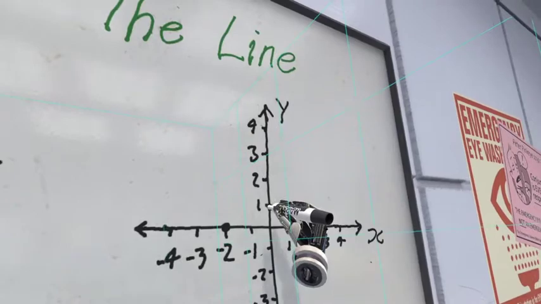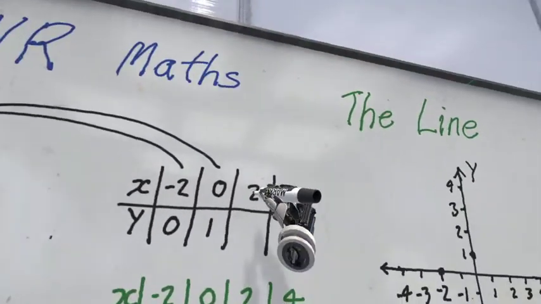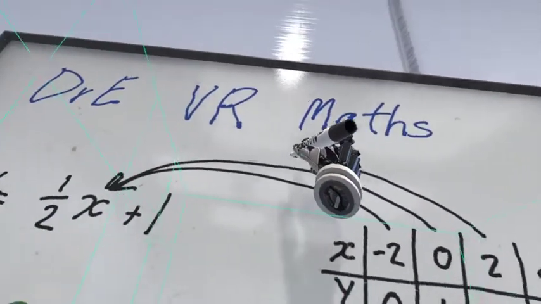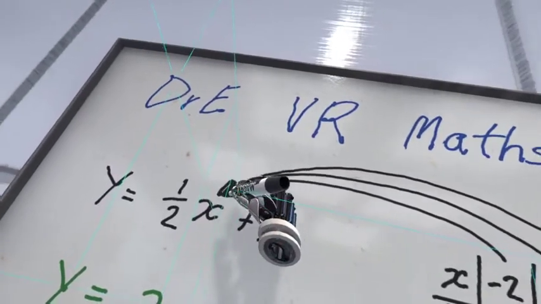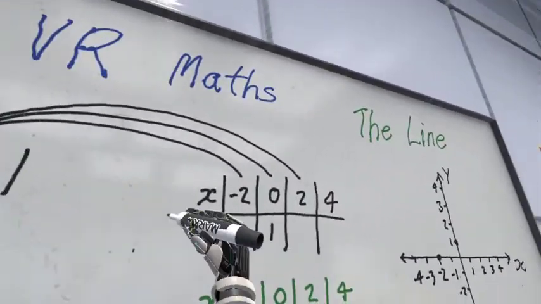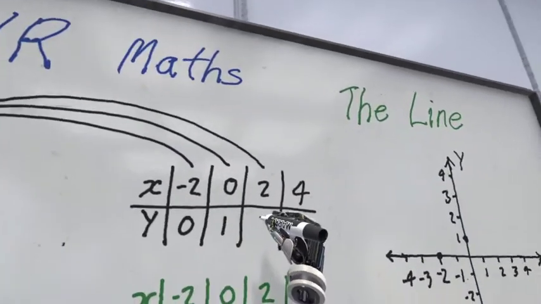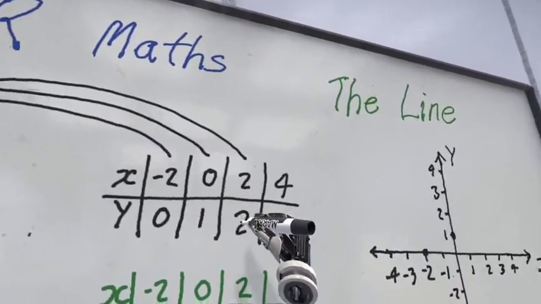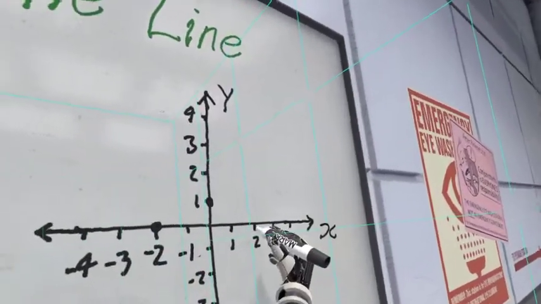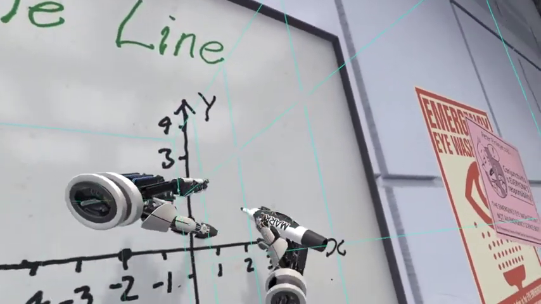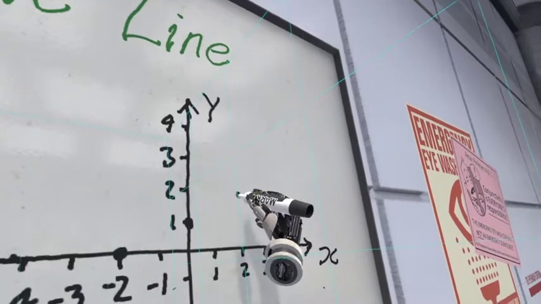So put a dot. Now we're going to put 2 in. Half of 2, well, what's half of 2? 1. 1 plus 1 is 2. So 2, 2. So we're going to go to 2 there, 2 there, put a dot.